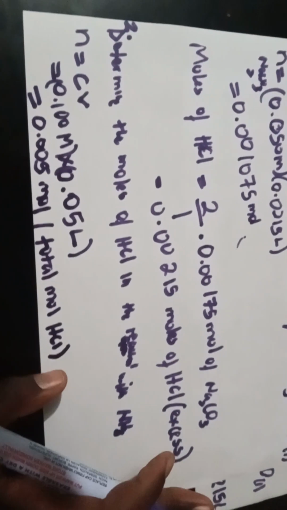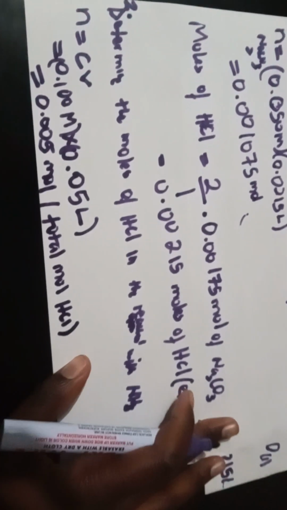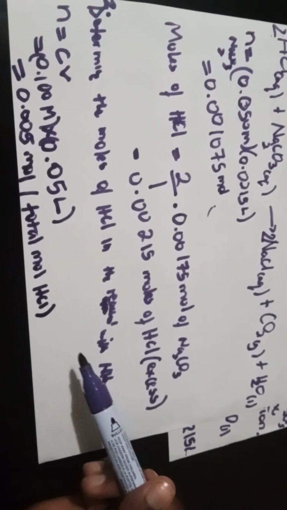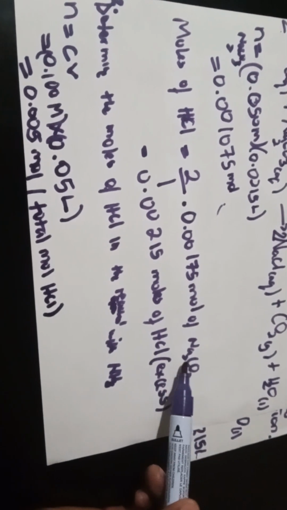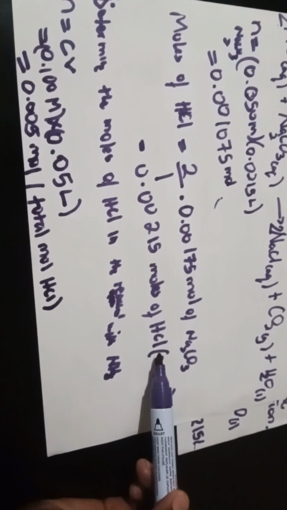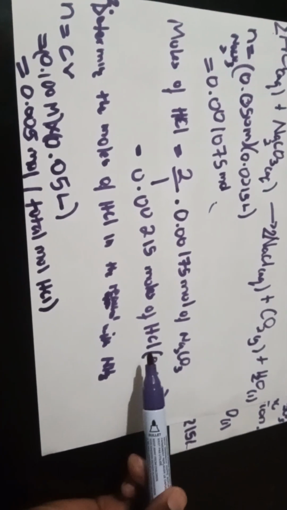Perfect. Now that we have the total mole of hydrochloric acid that was added in the initial titration, and then we have the excess hydrochloric acid that reacted with our second titrant, which was the sodium carbonate solution.